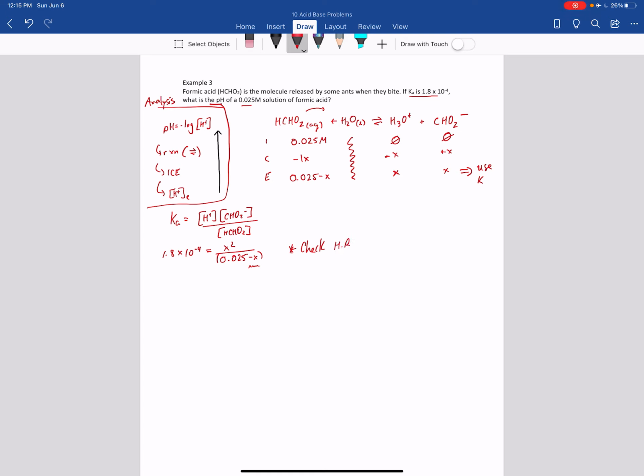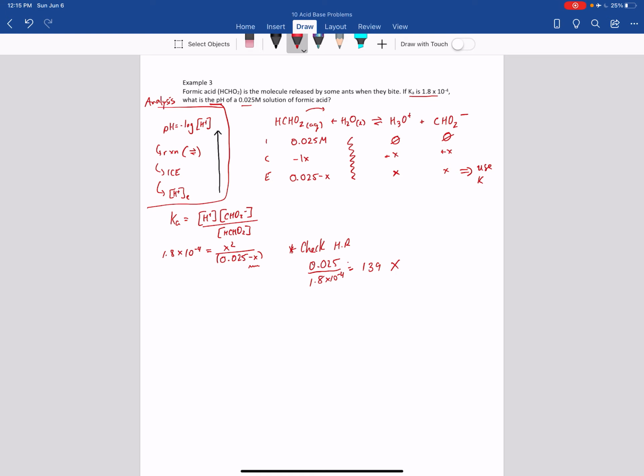So for this, we'll say the smallest concentration divided by the K value, and we're checking if that's greater than 500. So 0.025 divided by 1.8 times 10 to the -4. So unfortunately, we've only got 139. So we can't ignore x in this case.